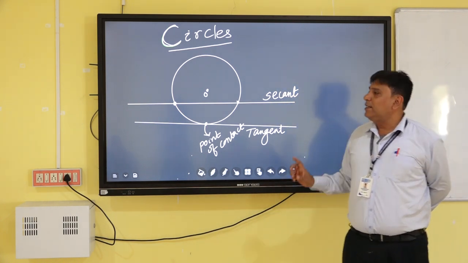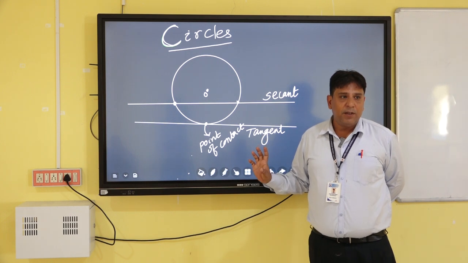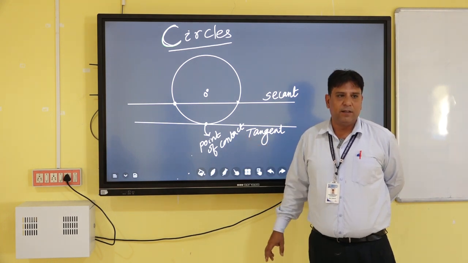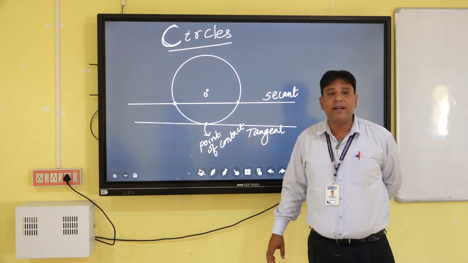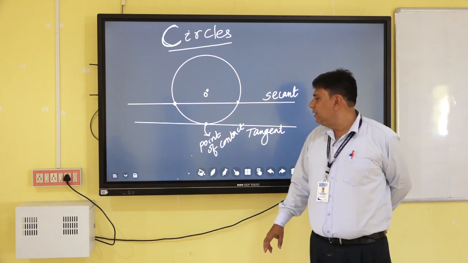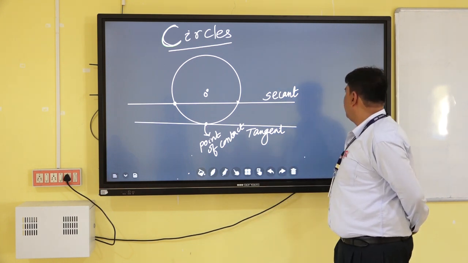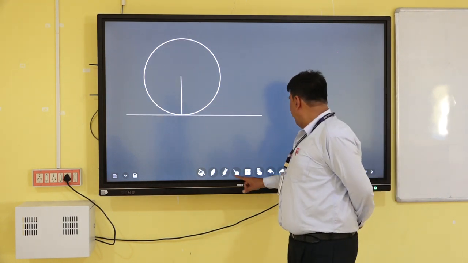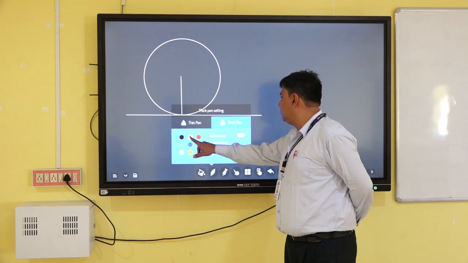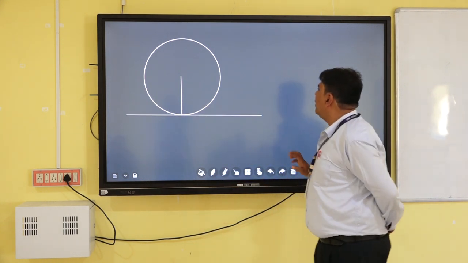Right. Now we will see the theorems which are related to tangents of the circle. All of you can see this diagram properly. Okay, here I'll write the first theorem.